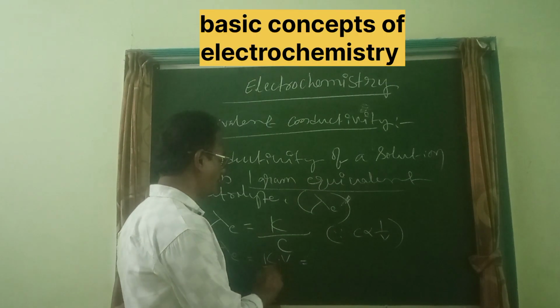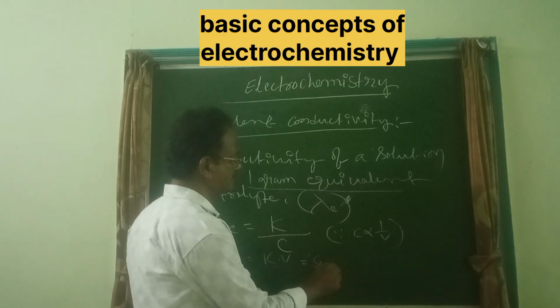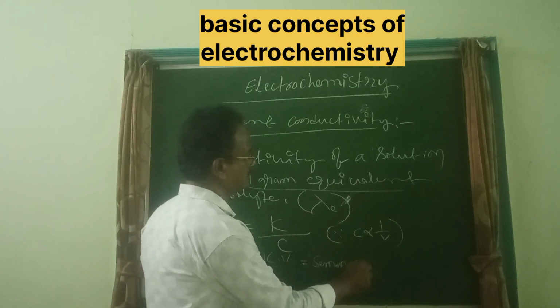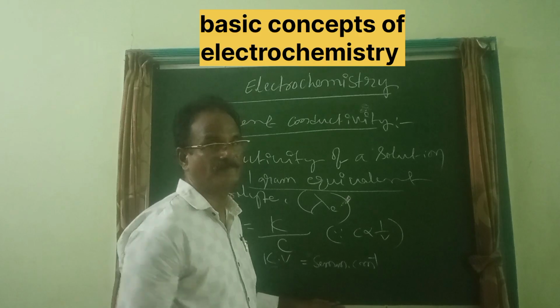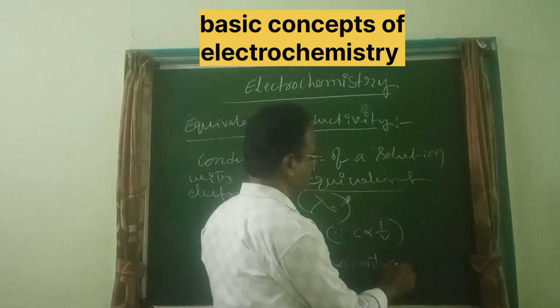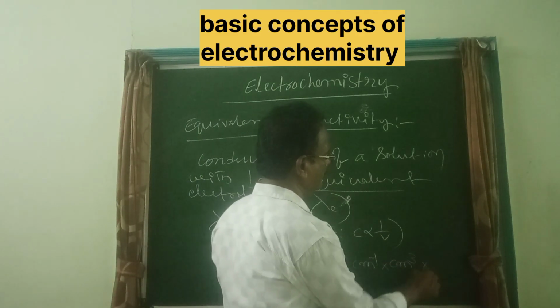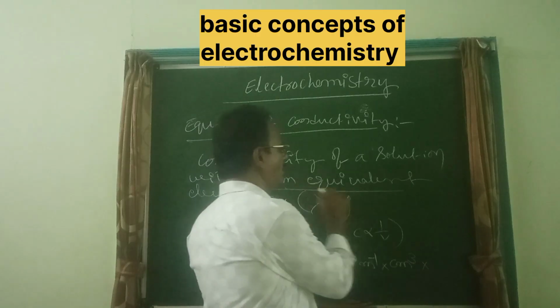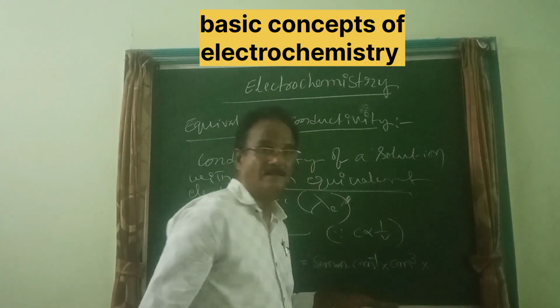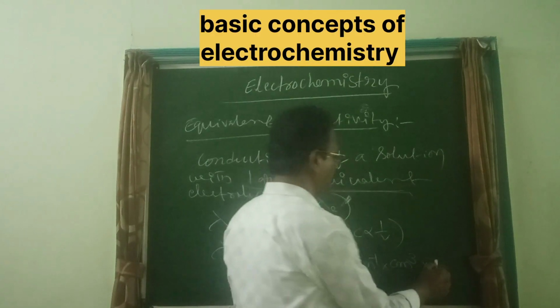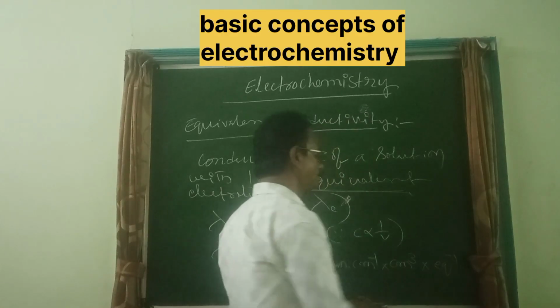For kappa, the CGS units are Siemens centimeter inverse, for volume centimeter cube, and because of 1 gram equivalent in the definition, equivalent inverse.